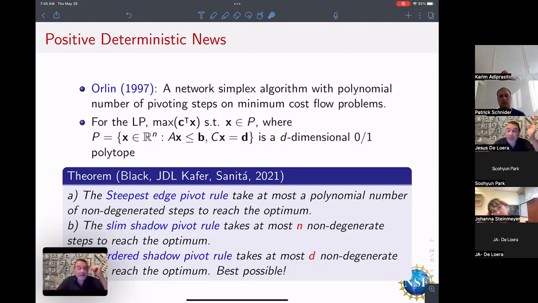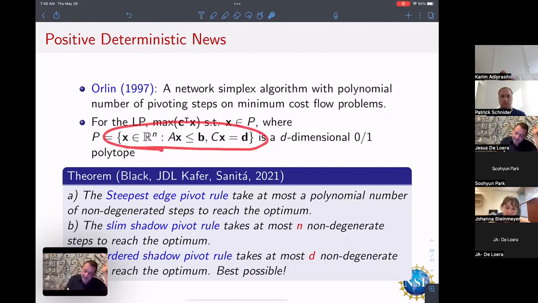I mean, for matroid polytopes or any kinds of polytopes that come from graphs, right? I mean, there's all kinds of polytopes that come from graphs. So you look at the convex hull of 0-1 points, and I don't care how you give me this polytope. I'm going to assume that you give me some linear program, but I know that my polytope is a 0-1 polytope, okay?